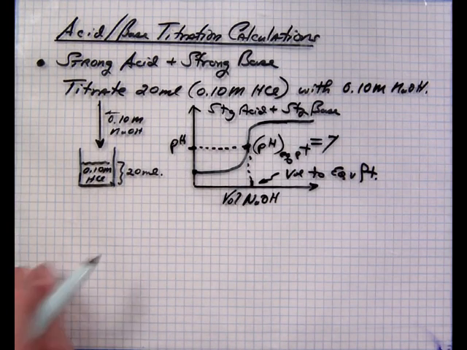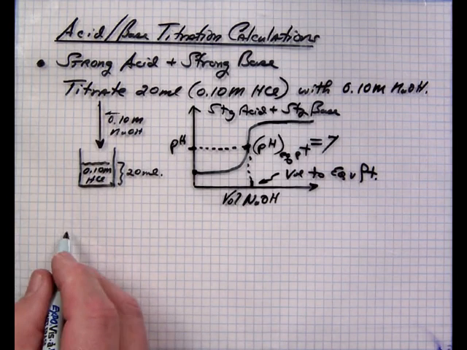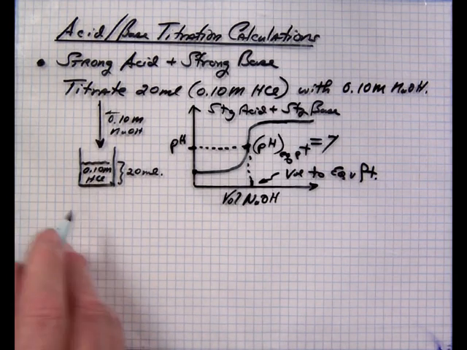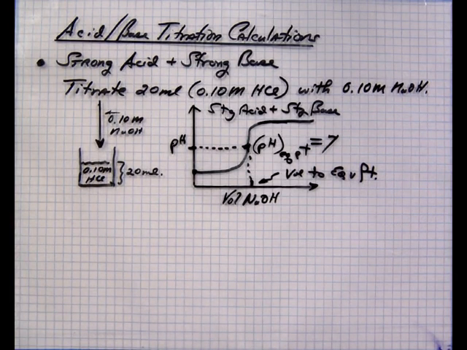We begin the calculations with a general estimation of how much base will be required to reach the equivalence point. This is done so that you can plan the amounts to be added, and you'll have an idea of where to reduce the number of milliliters of added base as you approach the equivalence point.